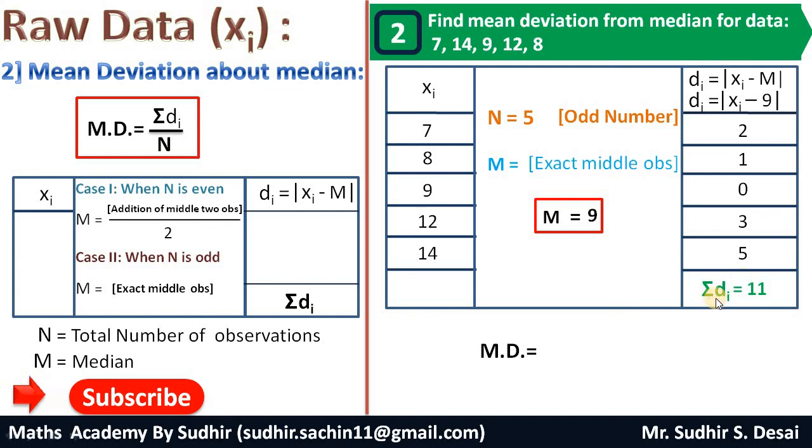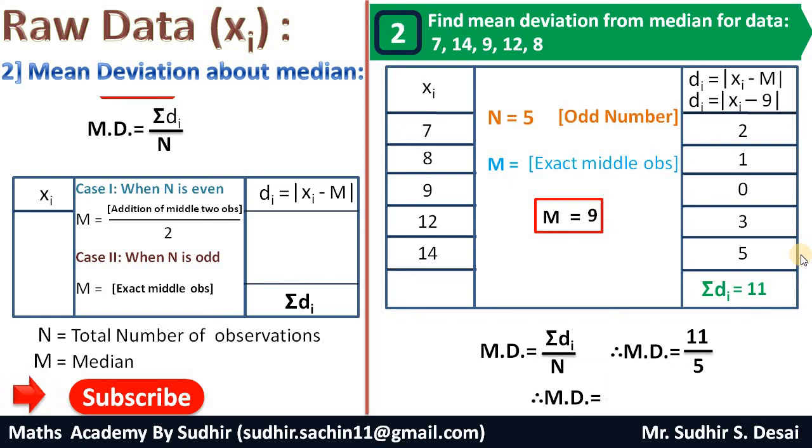Addition of the last column, that is summation di, divided by the total number of observations or sum of frequency. In this case we are going to divide it by the total number of observations, that is n. So mean deviation is equal to summation di, which is 11, divided by n, which is 5, and 11 upon 5 is nothing but 2.2. So this is the mean deviation from median.